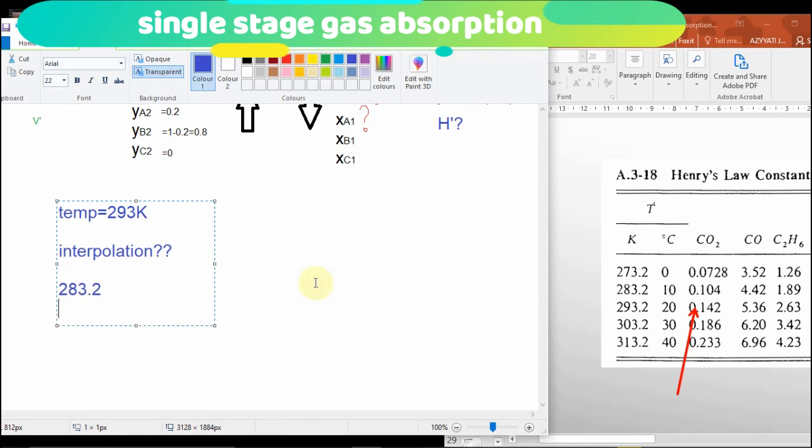Our K value is 293 K. From the table, the next temperature is 293.2.